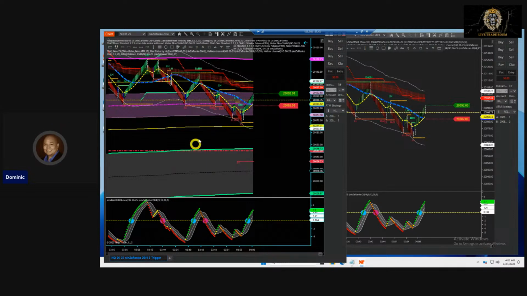Okay, so we are here. Basically pulled back to the mid band and also looks like the 233, but everything's around here right now between the VWAP and everything else. So let's see what's going to happen here. This is the pullback to the 233 or even the mid band of the Keltner channel.